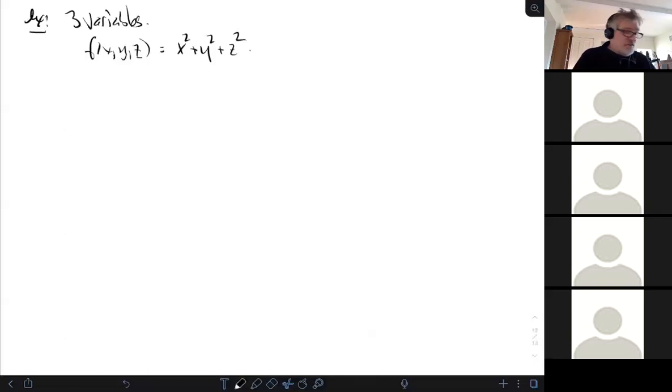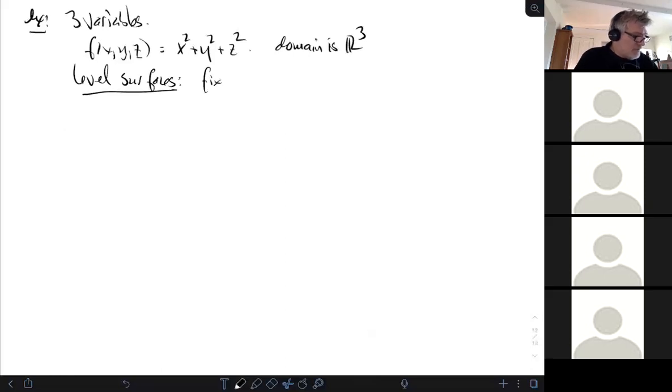All right, so this function, the domain is R3, right? So I can't graph it, I need 4 dimensions. So what I'm going to look at are the level surfaces. Again, what's a level surface?